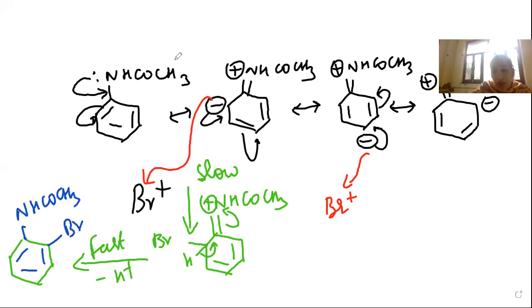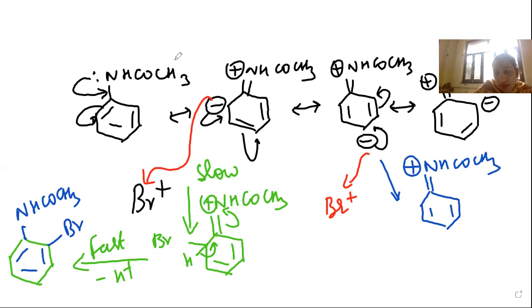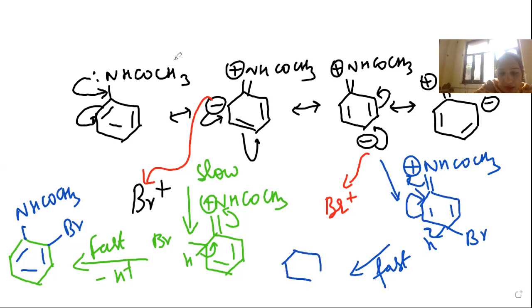We will have, in this case, the ortho substituted product. If the attack occurs at the para position, this step is again the slow step. In the fast step, there is removal of this H positive as HBr. This double bond goes here, and we will have Br, double bond, NHCOCH3.